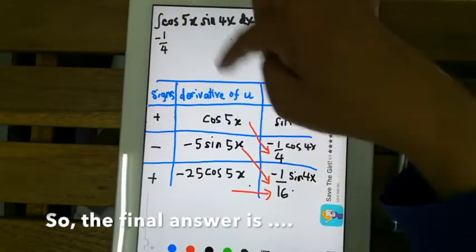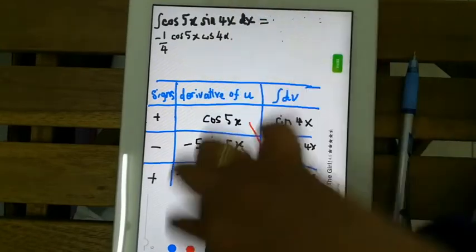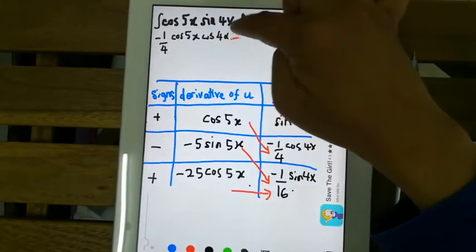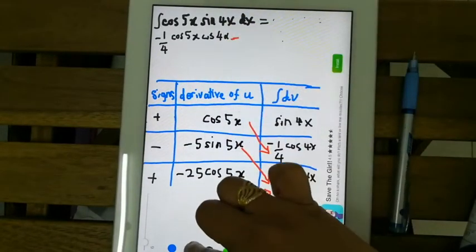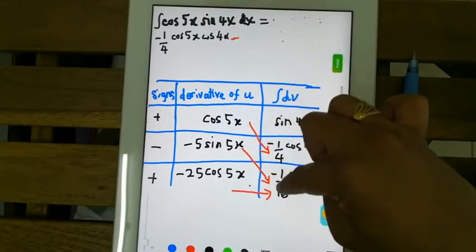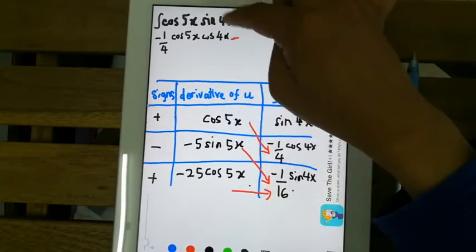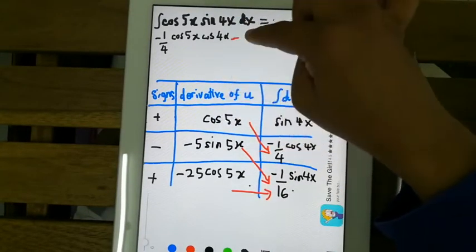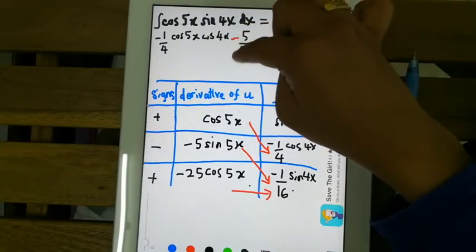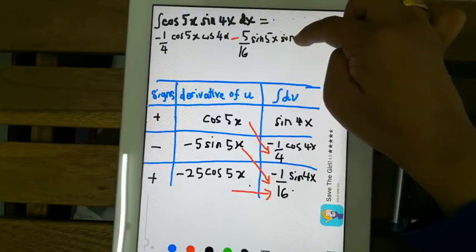Minus 1 over 4 cos 5x cos 4x. The next sign is negative. Negative 5 sine 5x times negative 1 over 16 sine 4x. Negative times negative is positive, so you'll get 5 over 16 sine 5x sine 4x.